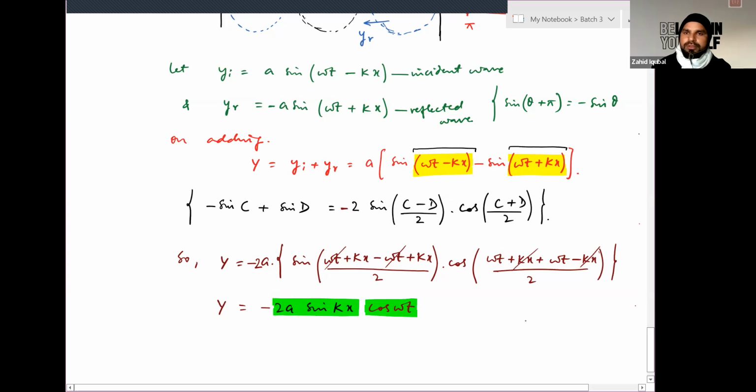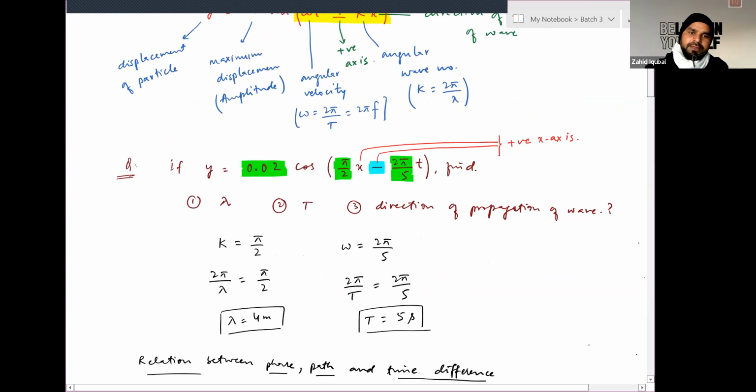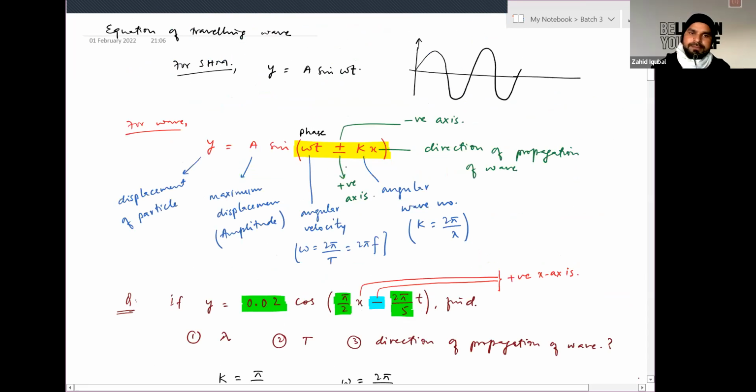Now you'll be asked, what is the main difference between standing wave and traveling wave? Let me just show you. In case of traveling wave, omega t and kx will be together. We have one bracket and both omega t and kx will be together in this part.